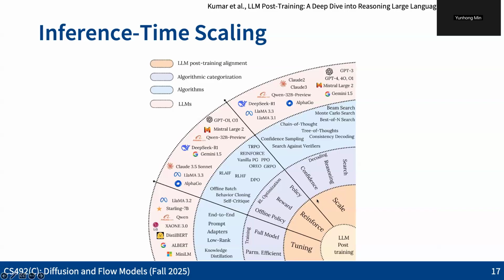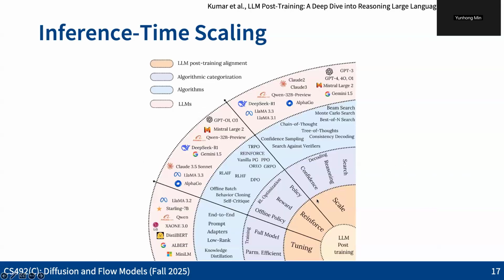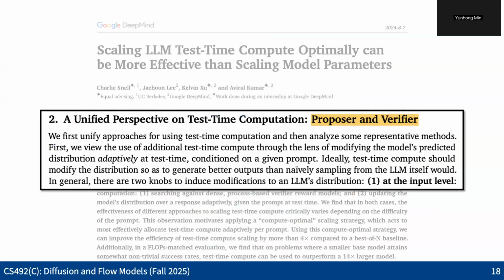And as you can see, there are lots of techniques for test time scaling. But the very basic idea for many of them is that we have a proposer and a verifier.